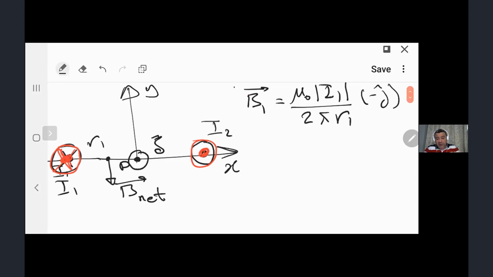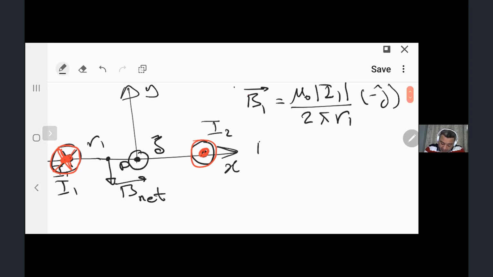Because if you assume that I1 was positive, it will give you a magnetic field that is pointing in the positive Y direction. But what made this magnetic field flip and go in the negative Y direction is because the current is going through the negative direction of the Z axis. So this is how I write the magnetic field in terms of my current I1 magnitude.